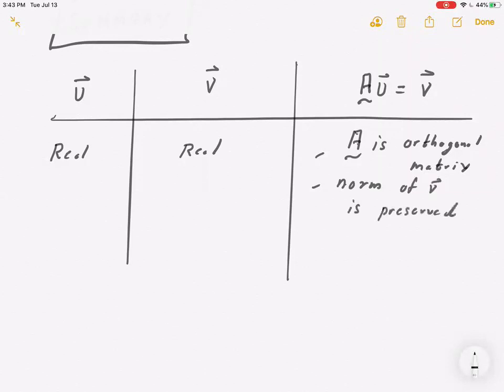When you act on U with A to get a new vector V, you don't change its magnitude, you just rotate it. Formally, this means that the transpose of A is a matrix that equals its inverse.